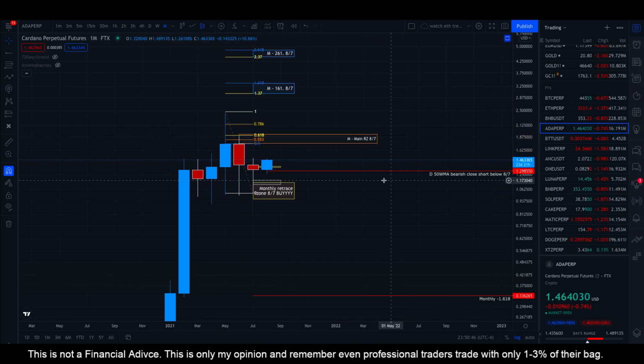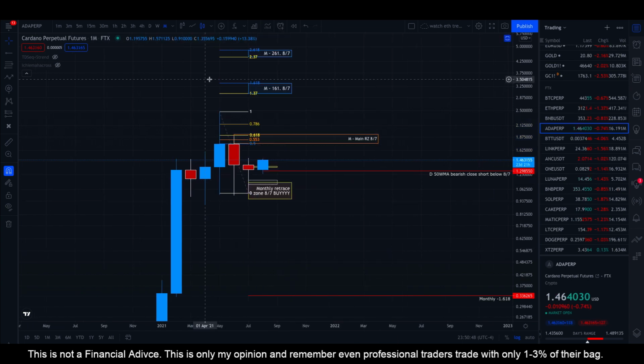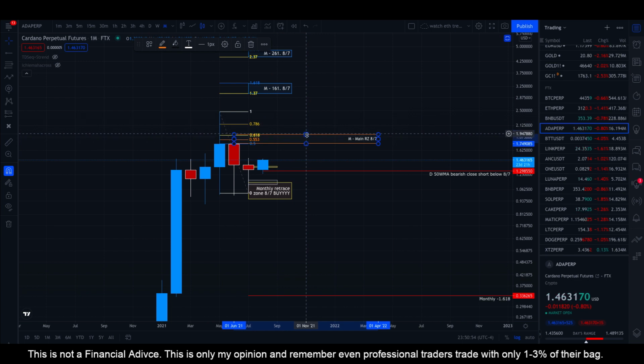All right. So right now we're on the monthly time frame, and I'll go ahead and just fix this right now. Okay. So between the 0.5 and the 618 level, this is my resistance zone.